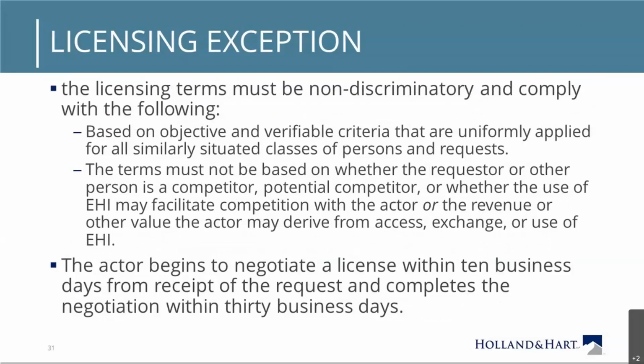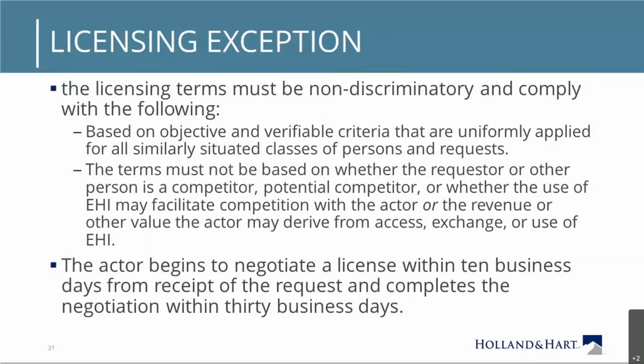The licensing terms must be non-discriminatory, so they must be based on objective and verifiable criteria. This is similar to what we saw in the fees exception, and they must be uniformly applied for all similarly situated classes of persons, and they cannot be based on the fact that the requester is a competitor or the information could be used to facilitate competition, and they also cannot be based on revenue or other value that the actor may derive from access, exchange, or use.